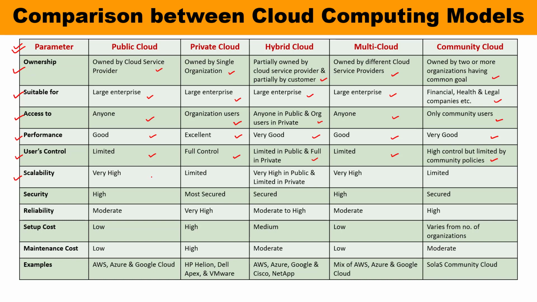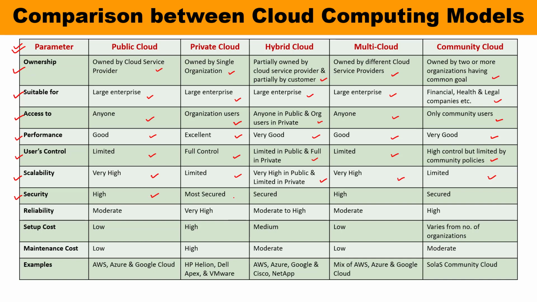Scalability. Public clouds can be scalable at a very high rate, but private cloud scalability is limited. For hybrid, very high in public and limited in private. Multi-cloud, very high, and community is limited. Security. Security is high in case of public cloud, right?